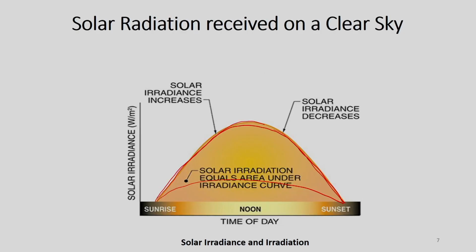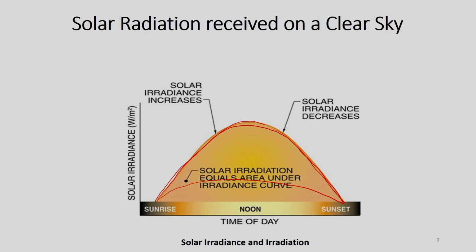And of course, we are interested in daily variations: the daily sunshine variation, the daily global radiation variation, and the daily diffuse radiation variation. This information is required when we do that kind of calculation. So one is solar irradiance and the second is solar irradiation. The instantaneous value is solar irradiance, and when we integrate over time, it becomes solar irradiation.